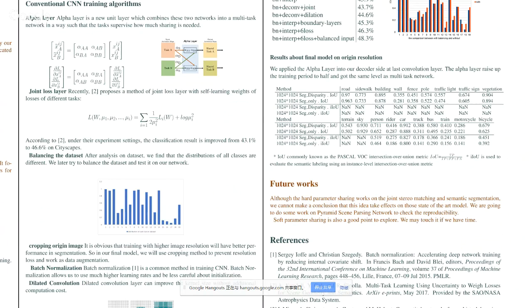The 65% is quite low on the benchmark. So later we will do our experiment on the Pyramid Scene Parsing Network, which is the current state of the art, and we will do a similar experiment on that network. And that is our future work. And that's the end. Thank you.